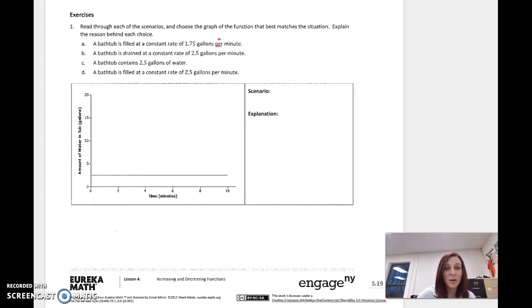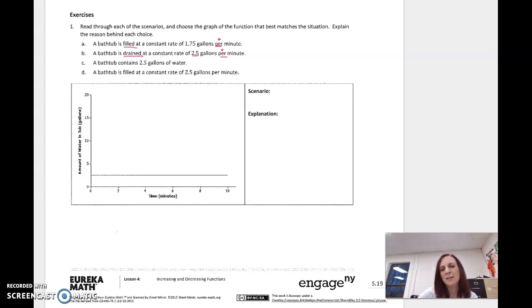So we're filling it at a constant rate of 1.75 per minute. But then the next one said it's being drained at a constant rate of 2.5 gallons per minute. So what's the difference between filling and drained? Well, if it's being filled, don't you think it's increasing, right? If it's being drained, it's decreasing. That's going to be important.